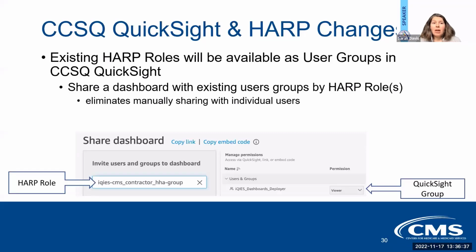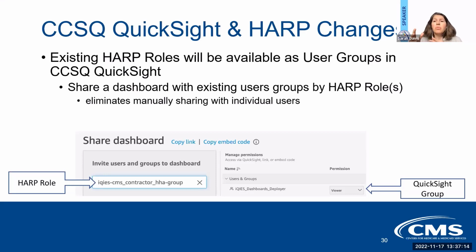So I wanted to talk about some upcoming changes that we're actively working on that we think will benefit everybody in the community. Right now, when you want to request a shared folder or request additional permissions, we need to send you to that CCSQ Data and Analytics Confluence page to push that blue button and request those items. We're working on moving that so that you can go into HARP and request access to existing user groups within Quicksight, and also request changes in permissions.